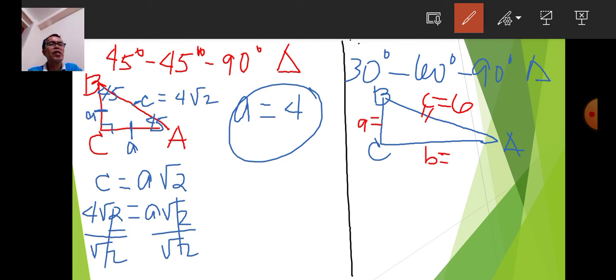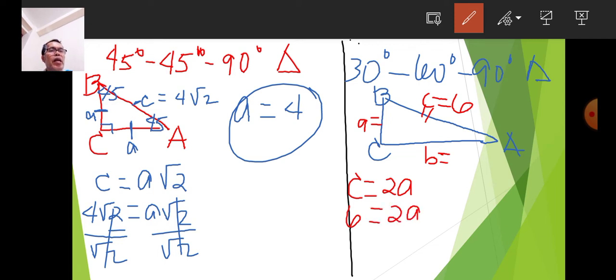Using the formula, C is equal to twice A, twice the shorter leg. If C is equal to 6, substitute 6 equals 2A.